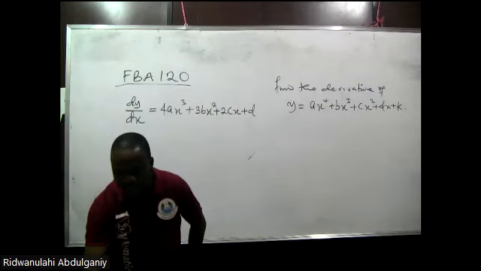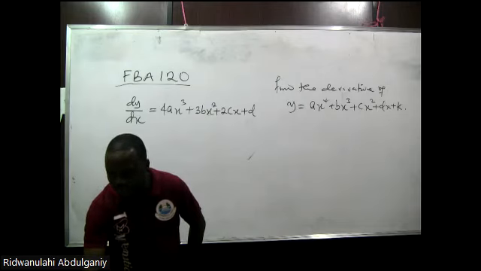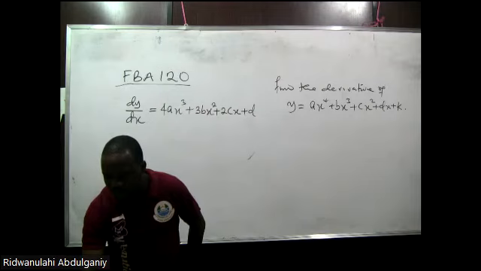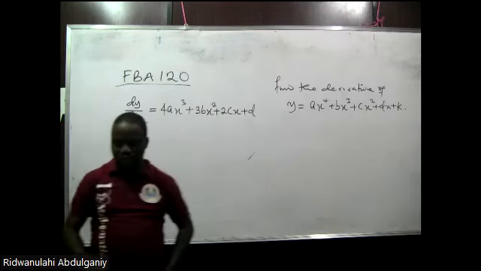Calvin Bandi, kindly unmute yourself, please. Yes, sir. Good evening, sir. Good evening. How are you? All right, very well. Oh, sorry. Unmute yourself again, please. The derivative of a constant is 0. Sir, can you hear me now? Yes, very well.